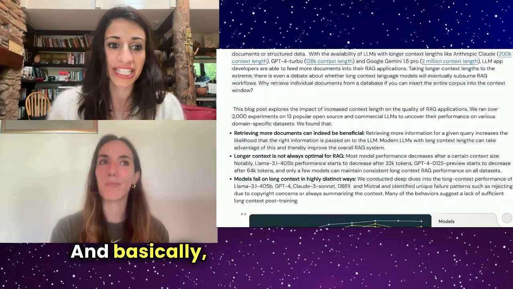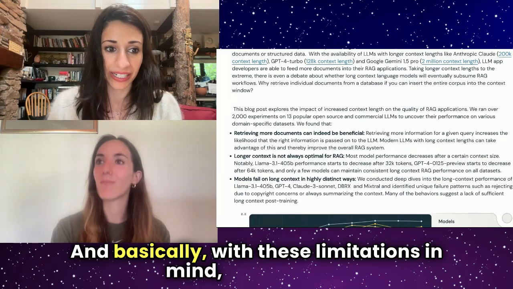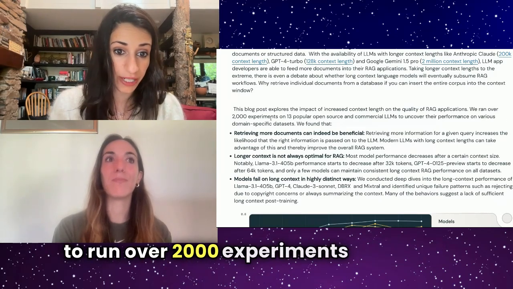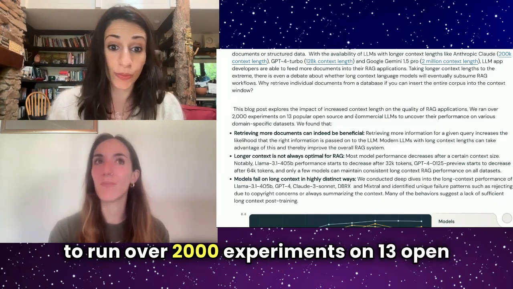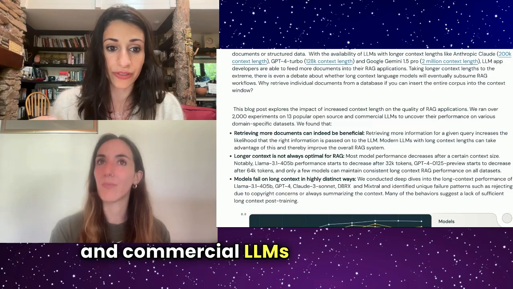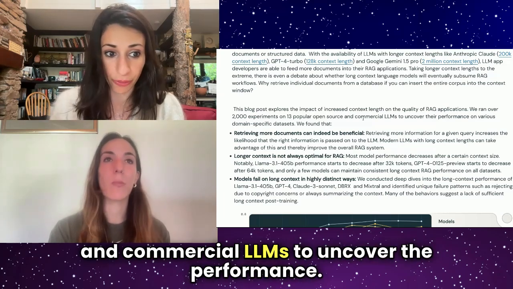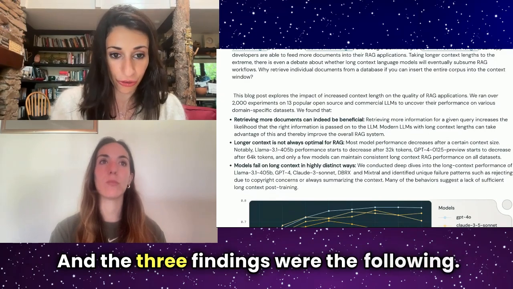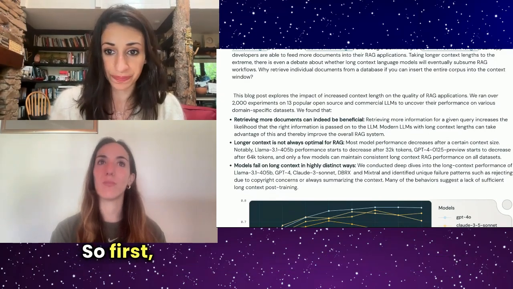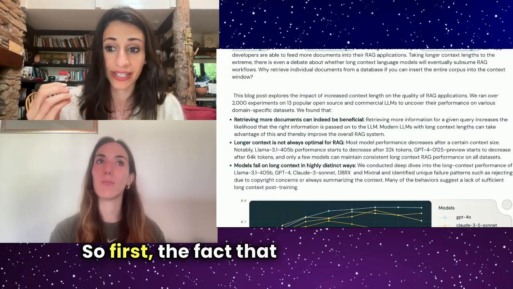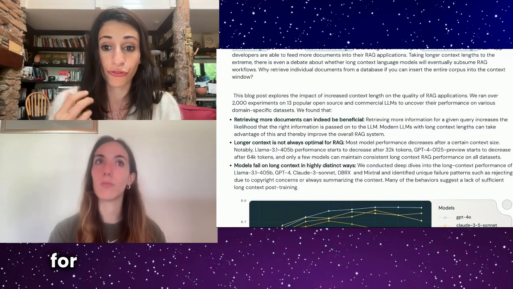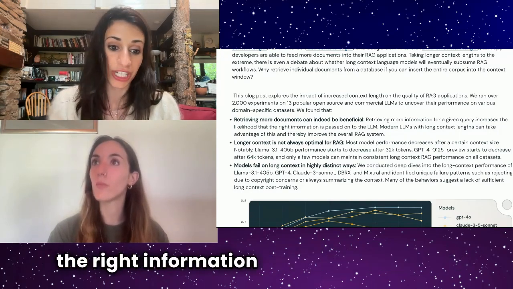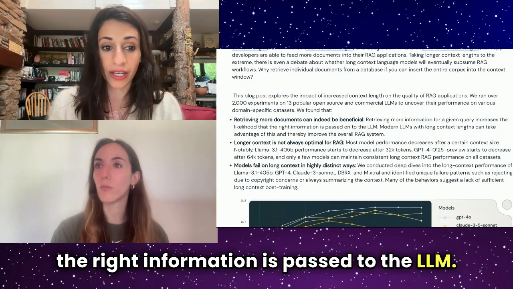And with these limitations in mind, they started to run over 2,000 experiments on 13 open source and commercial LLMs to uncover the performance. And the 3 findings were the following. So first, the fact that retrieving more information for a query will increase the likelihood that the right information is passed to the LLM. What does it mean?